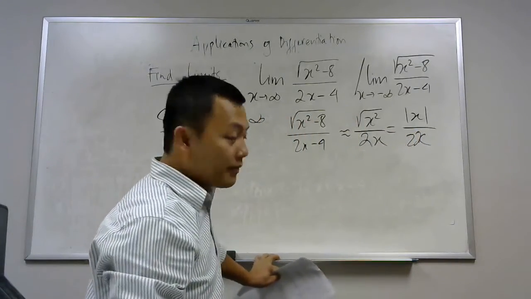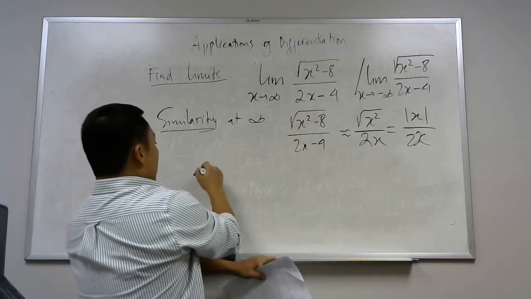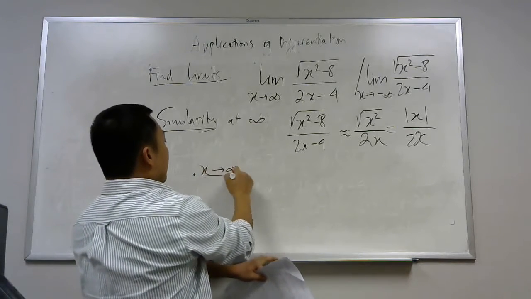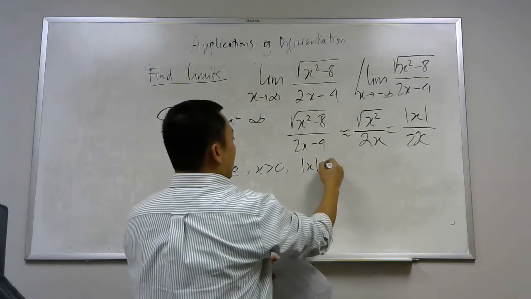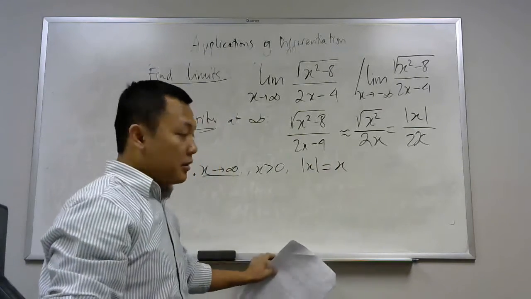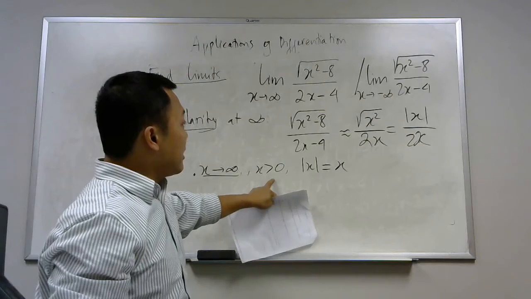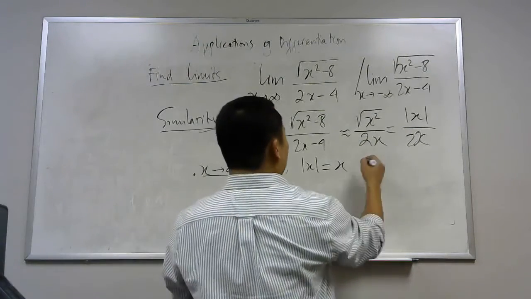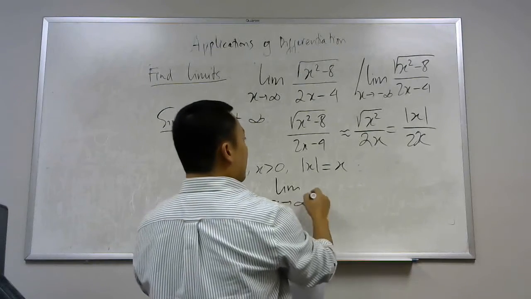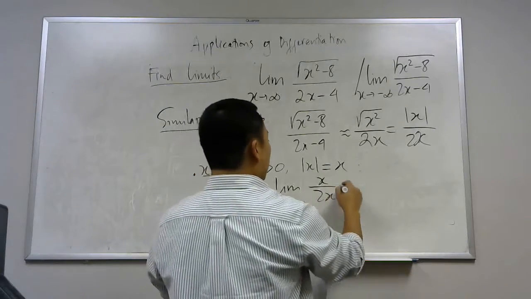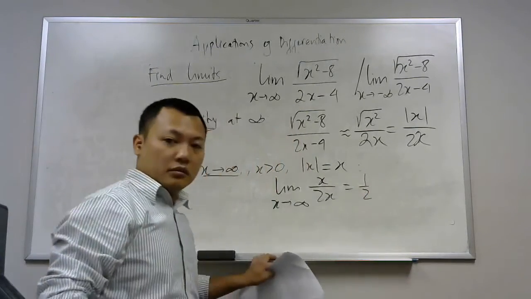And now we see, for the first limit, when x goes to positive infinity, x is greater than 0, and then absolute value of x is equal to x. Don't forget about this. So the limit when x goes to positive infinity equals x over 2x, which is 1 over 2.